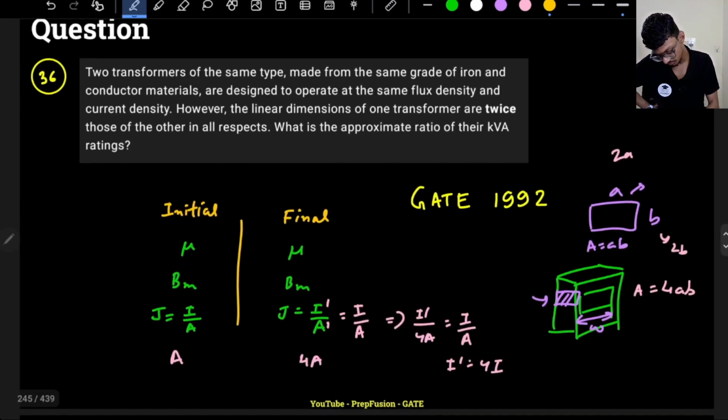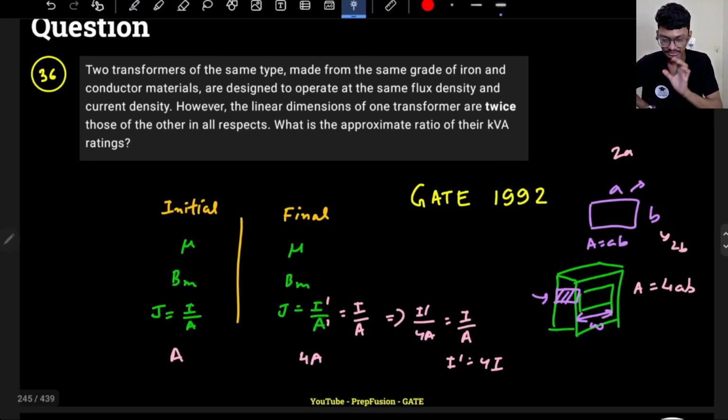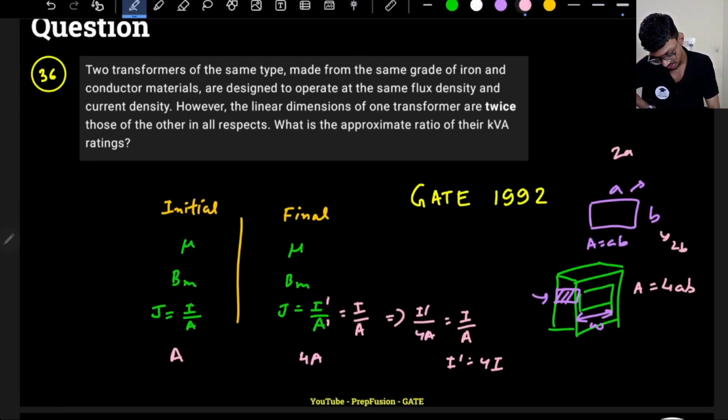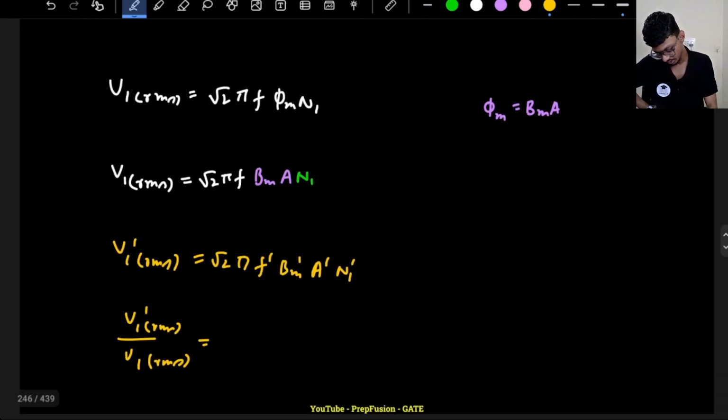Basically, I have to find out what is happening to the voltage and the current, because they have asked me the approximate ratio of the kVA ratings. So what is kVA? kVA is voltage into current, V into I. I have already found out the change in current, I just have to find out the change in voltage, so that I can directly write the overall change in the kVA rating. So this is V1 dash RMS by V1 RMS.